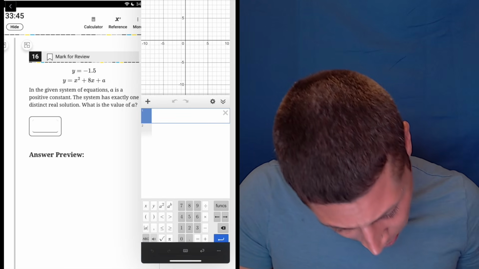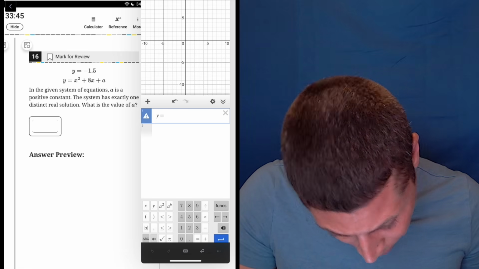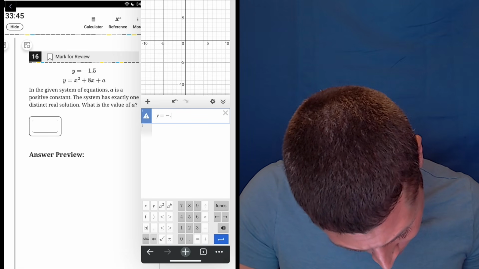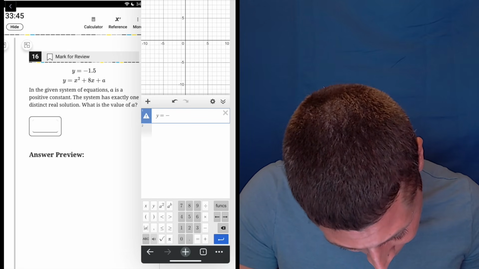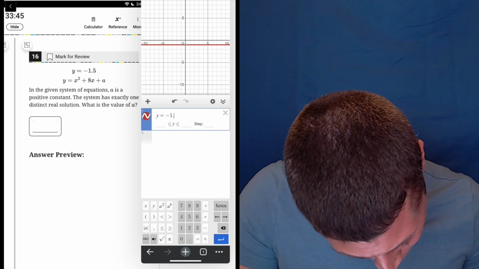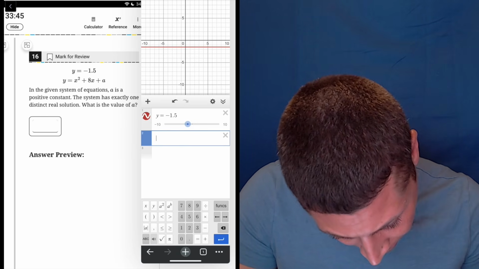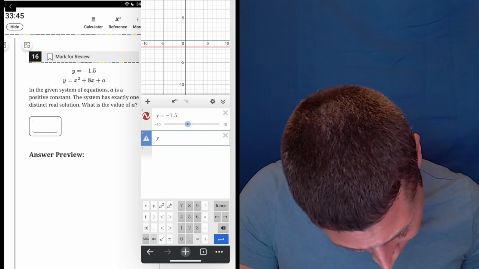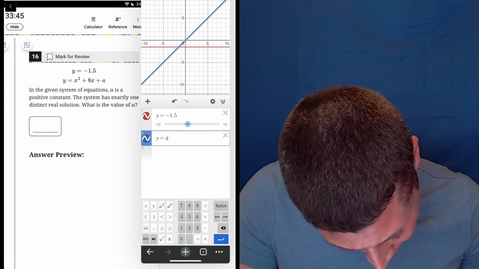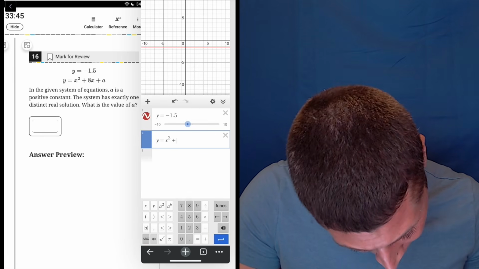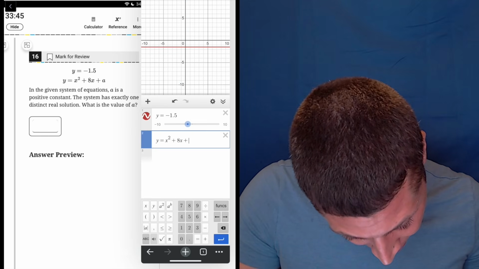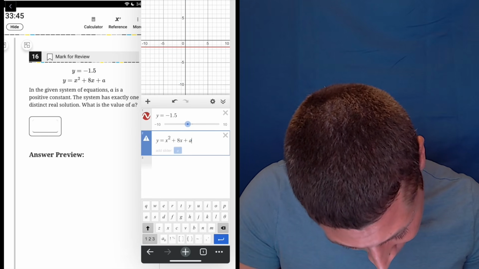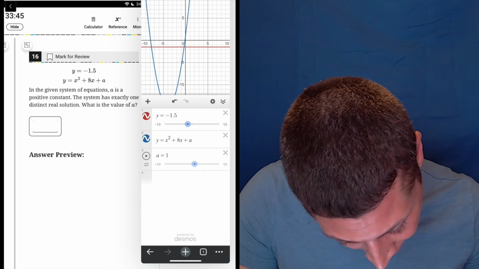I don't know. Y equals negative 1.5. God, I hate this calculator. And then y equals x squared plus 8x plus, let's just keep it as a, and add a slider.